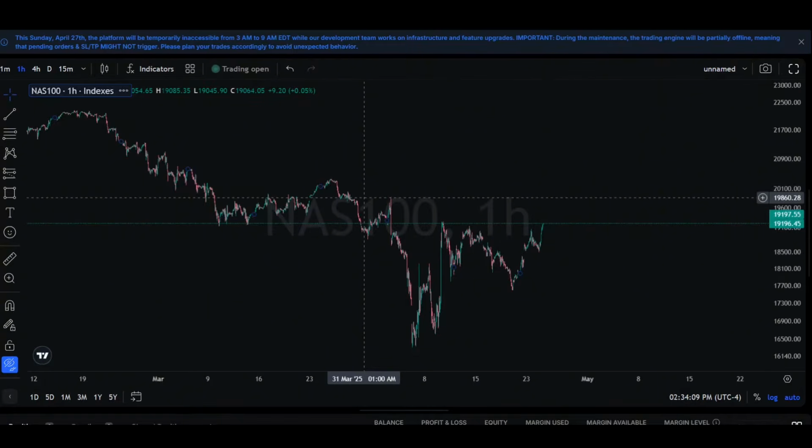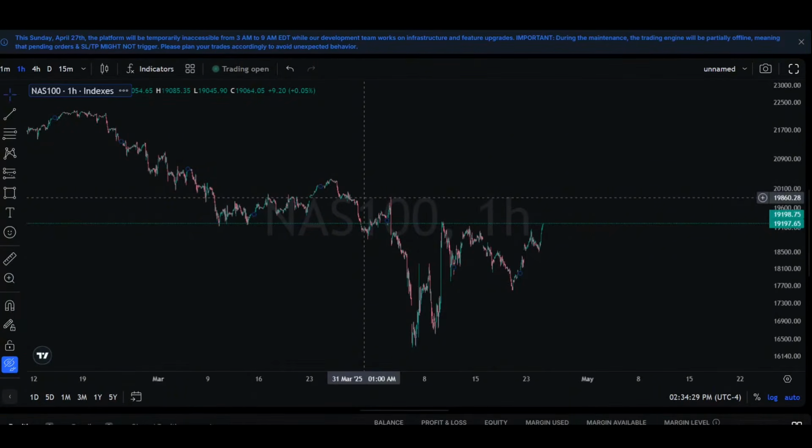Okay. So a high probability entry zone is not just a line you draw and hope that price bounces from it. It's a zone where price has reacted before or where you expect volume to kick in based on structure.